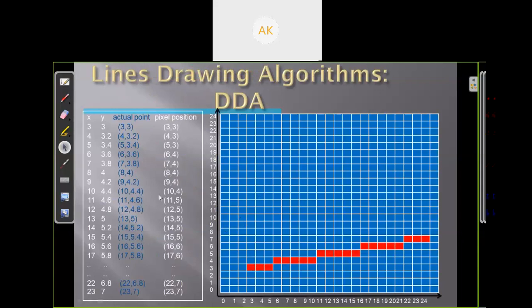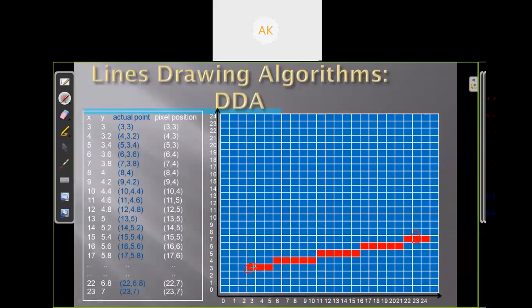There is one example, as you can see on screen. We are finding the intermediate points between (3,3) and (23,7). We are plotting a line. Our starting point is (3,3) and the ending point is (23,7). As you can see on this graph or screen, the starting point is located here and your ending point is located here.